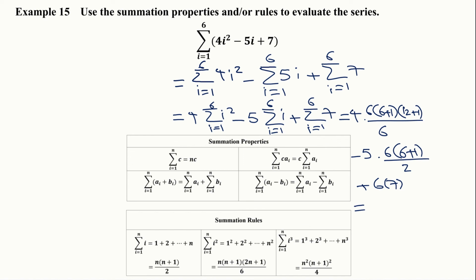All right, so let's simplify it a little bit. So it's going to be 4 times 6 times 7 times 13 over 6, minus 5 times 6 times 7 over 2, plus 42, right?